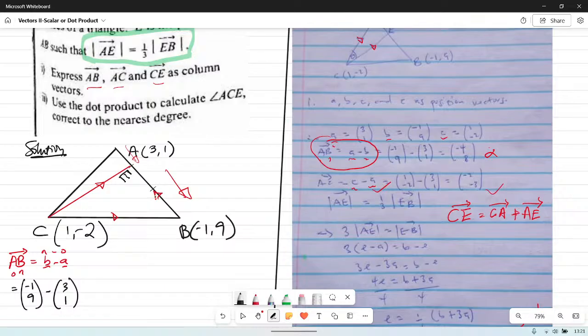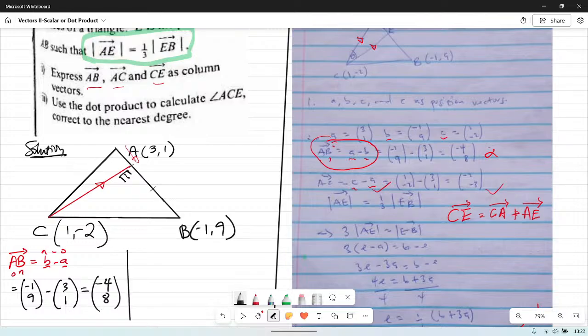Let me do this. So this one, AB eventually becomes negative 4, 8. Are we okay?